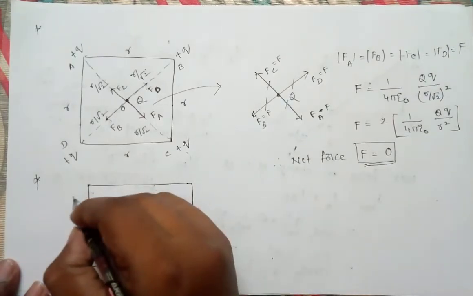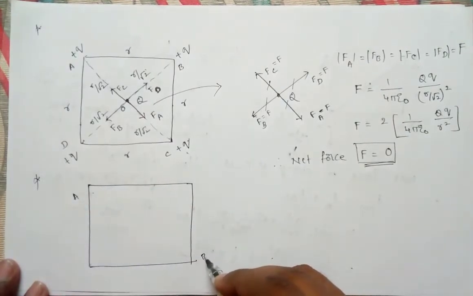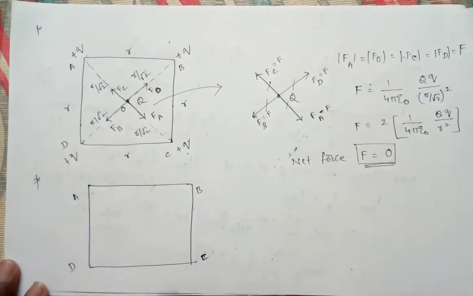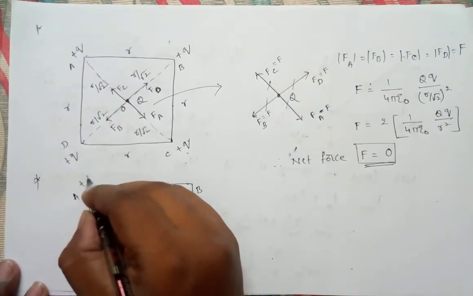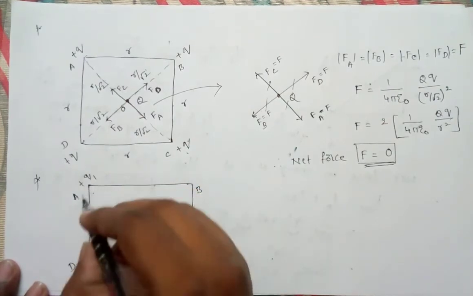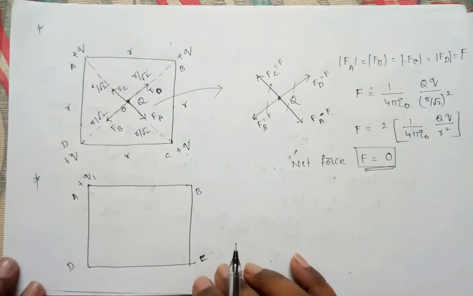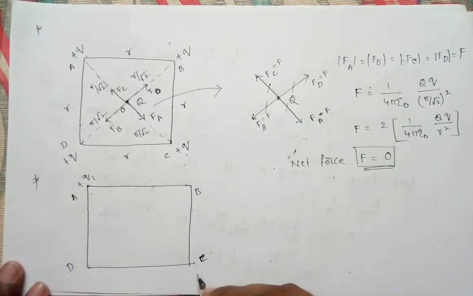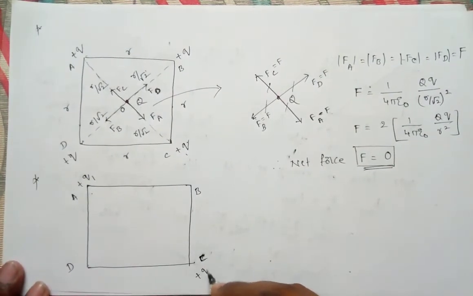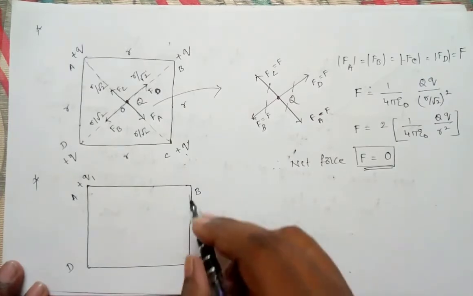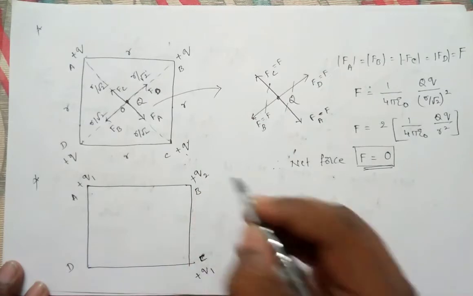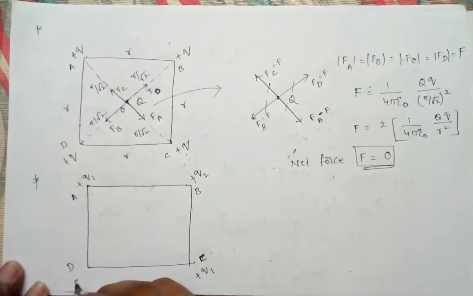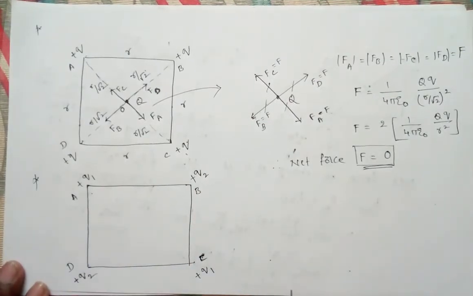Now here A, B, C, D. At A I am locating plus Q1 charge. In the same way, diagonally opposite I am locating plus Q1 charge, and here I am locating plus Q2 charge, and here also plus Q2 charge.